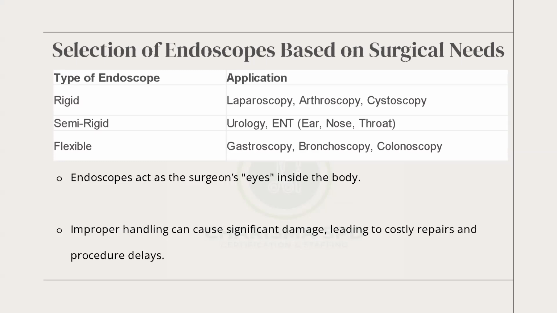The semi-rigid we have in urology, which is also cysto. And the rigid ones we find under ENT, the ear, nose, and what? Throat. So depending on the surgery, there's a scope that they will need.